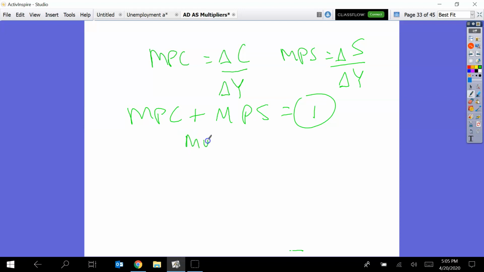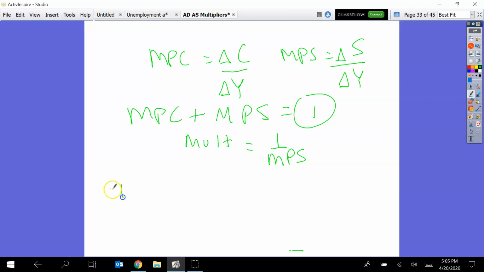The multiplier that we will use for all new spending across the economy is 1 over the marginal propensity to save. The larger your savings, the lower the multiplier.